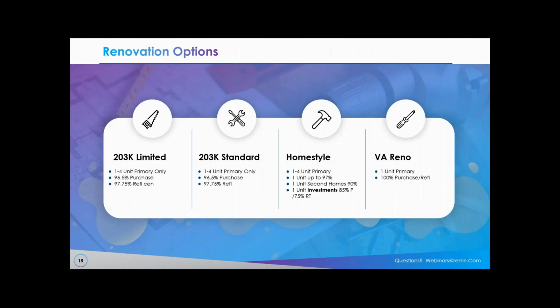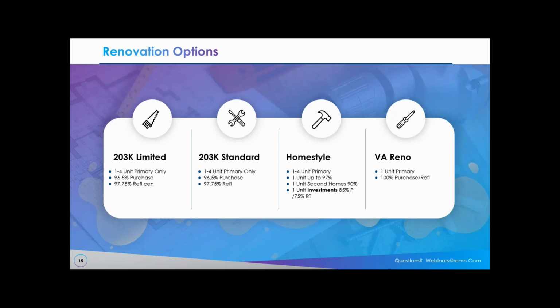Let's talk about a little bit of the details of each program. 203K Limited and Standard, they're virtually the same in terms of LTV, 96.5 on a purchase, 97.75 on a refi. Primaries only, 1 to 4 units. Fannie Mae HomeStyle, we can actually do not only 1 to 4 unit primaries, but we can do second homes and investment properties too.